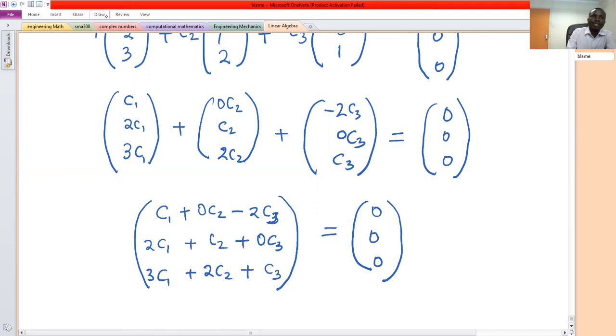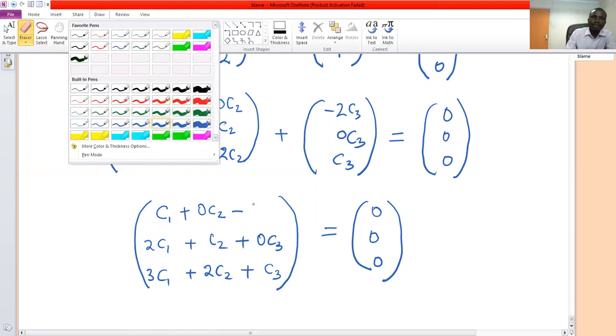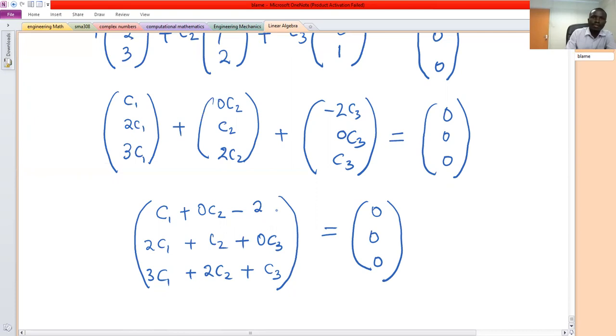Now, for this equality to make sense, the first row on the left should be the same as the first row on the right, the second row on the left should agree with the second row on the right, and the third row on the left should be equivalent to the third row on the right.